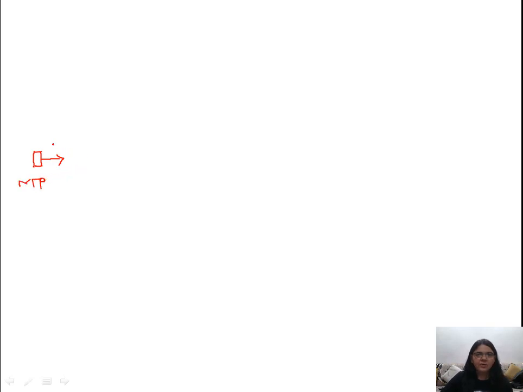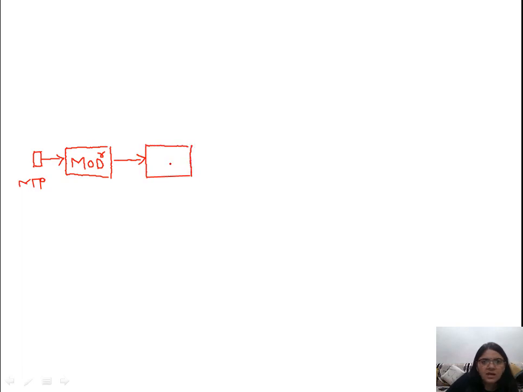Now the speech signal is a low frequency signal, so it cannot reach the destination. So we need a device known as the modulator. This modulator will convert the low frequency wave into the high frequency. Now we need to send it to a larger distance, so we can also amplify the signal.